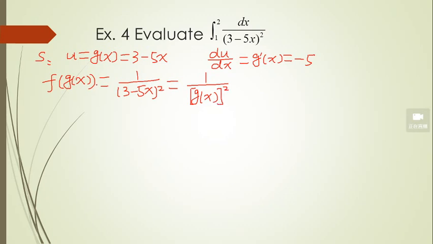The reason I rewrite this fraction as a compositional function, there is no square in u. If you put square for u, then it's not easy to find your G prime.